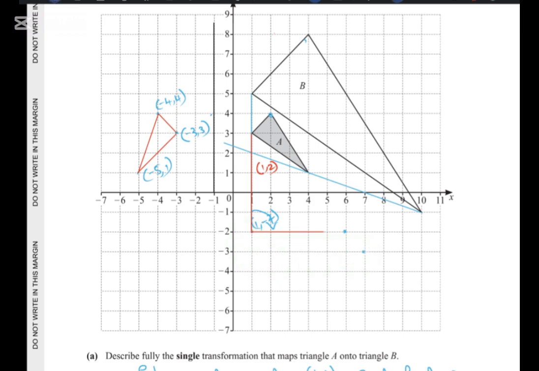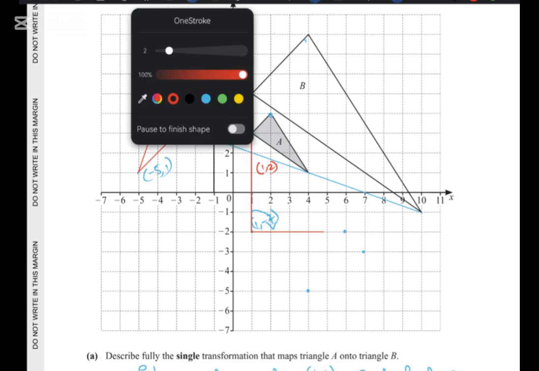Then next, this vertex is 1, 2, 3 boxes up, 1, 2, 3 boxes right. The same way here it should be 1, 2, 3 boxes up and 1, 2, 3 boxes right. So it is here. Now complete the triangle by joining the vertices.